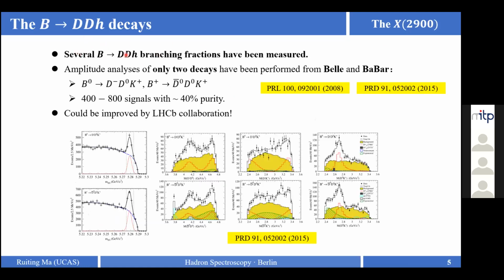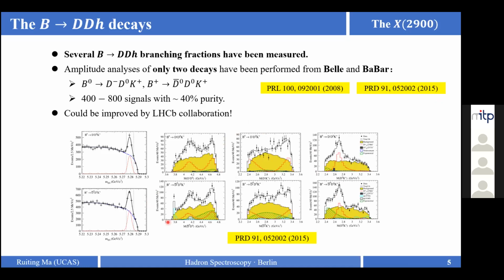Up to the years before this X(2900) analysis was published, there have been several B→DDh branching fraction measurements, but only two decays have had amplitude analyses performed. One from Belle in 2008 and another one from BaBar in 2015.